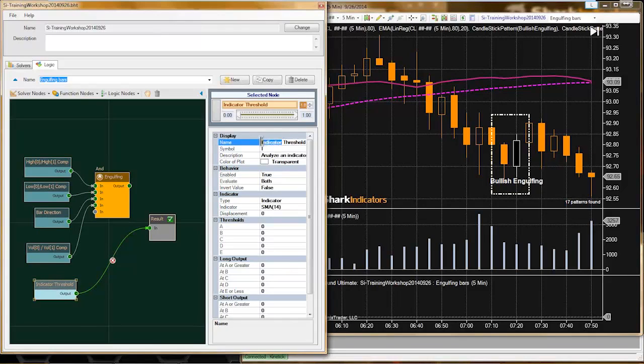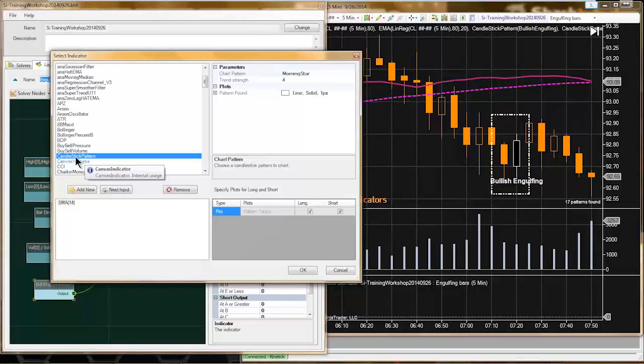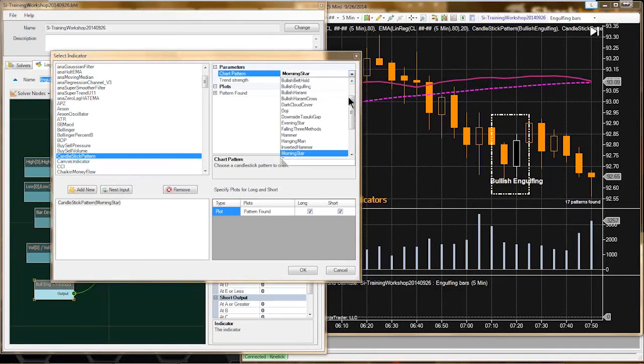That's a bullish, so let's look for the bullish engulfing first. I'll just abbreviate the name, and we'll set our indicator to the candlestick pattern indicator. Alright, so I just need to set the indicator up correctly.